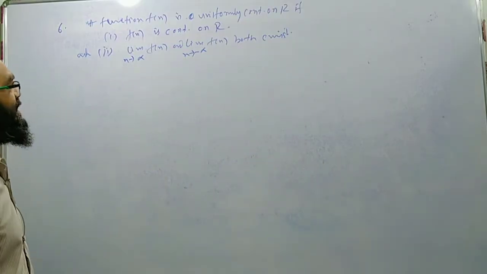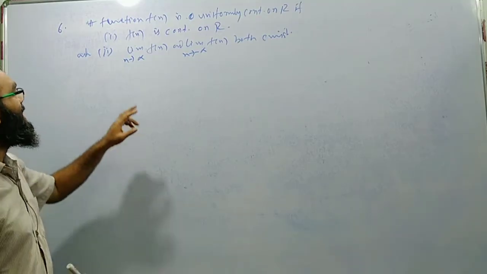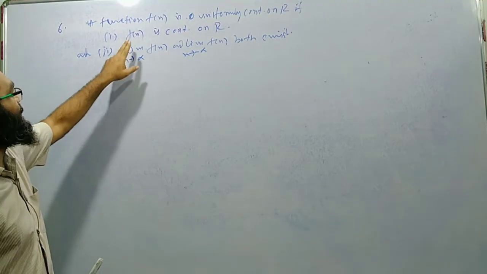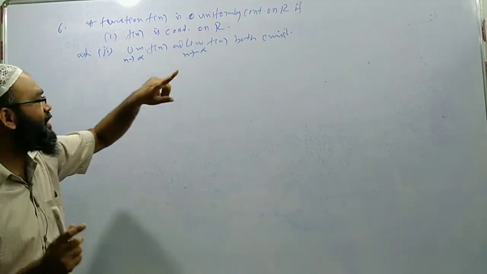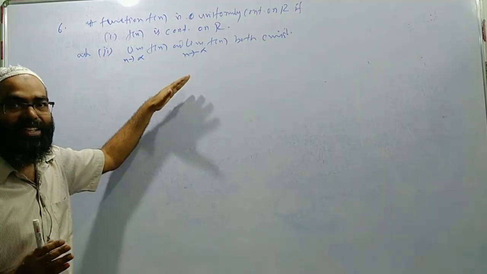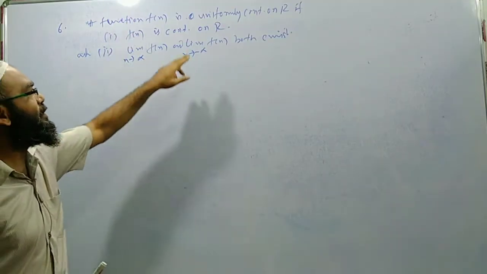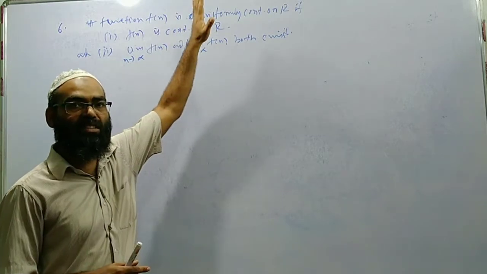But it can be noted carefully that if condition 1 is satisfied but condition 2 is not satisfied, then we cannot conclude that f(x) is not uniformly continuous.